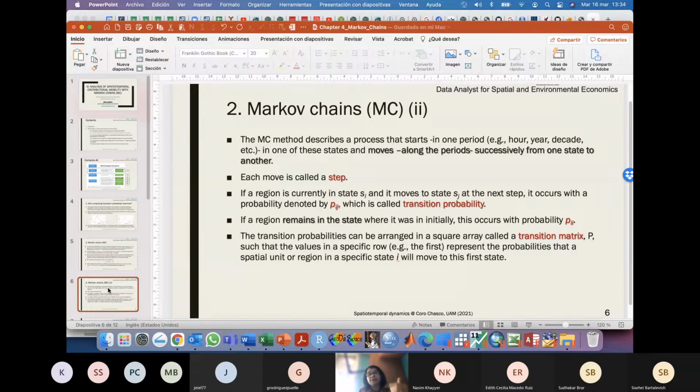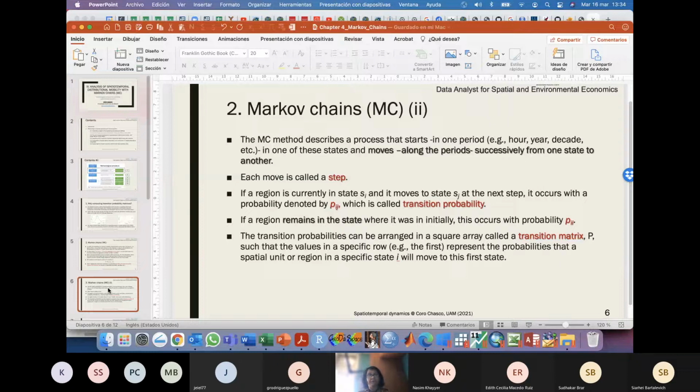So each move is generally called a step. So when some observation, some city, region, person, whatever, moves from one state to another state, in the past, considering the future, I say that he, she, or it has moved one step.